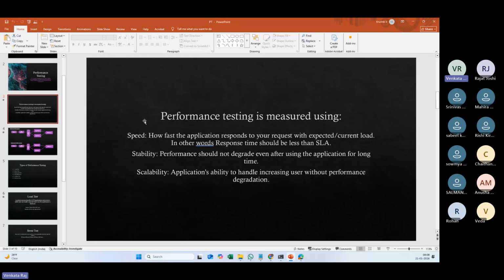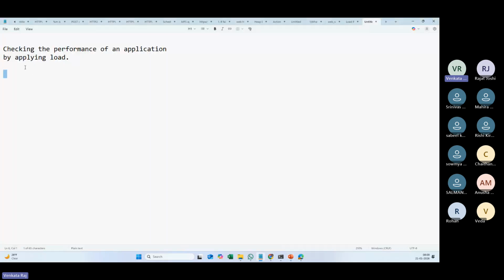If you want your application to perform well in real scenarios, it should handle speed, stability, and scalability. So let's discuss the different types of performance testing and see how these terms relate to them.